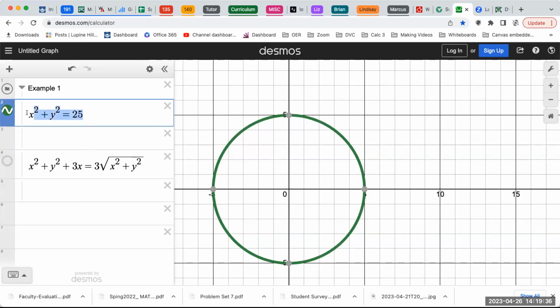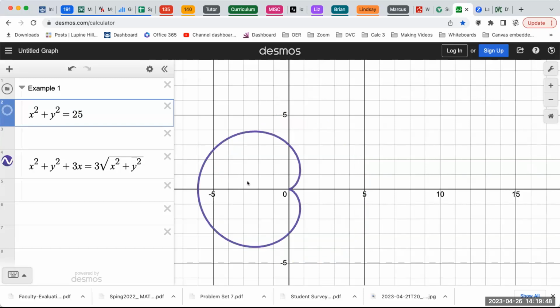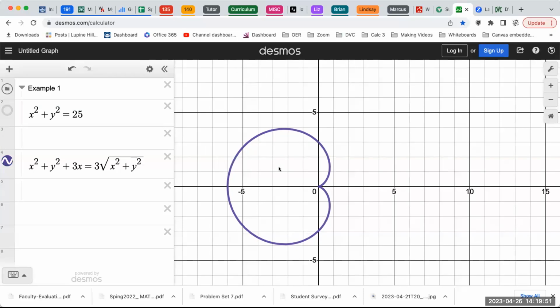This is an equation with this graph in rectangular coordinates. We're going to learn how to turn this equation into a polar equation. Here's another one. It's like a circle with a butt, twisting in on itself. It actually has a name. I think it's called a cardioid.